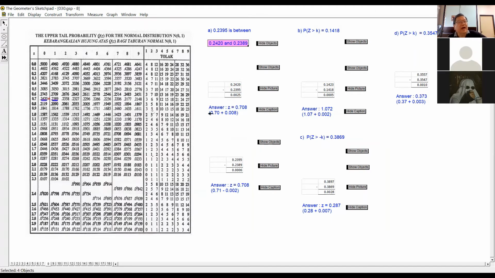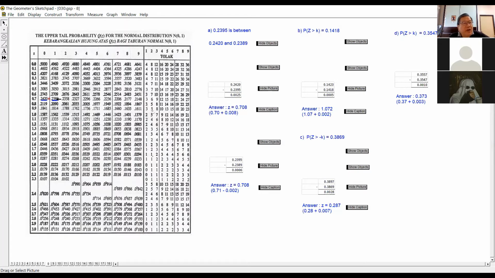So let's say I have detected 2395 is the red dot here. It lies between two numbers, 2420 and 2389. Okay, so 2395 is between 2420 and 2389.